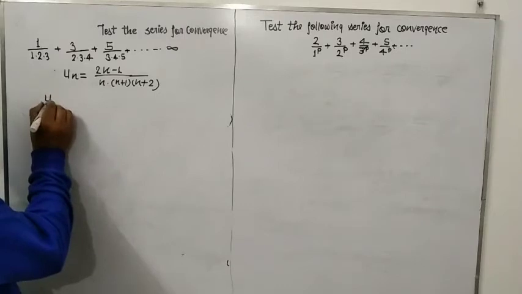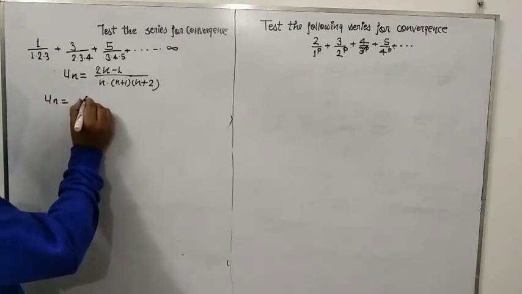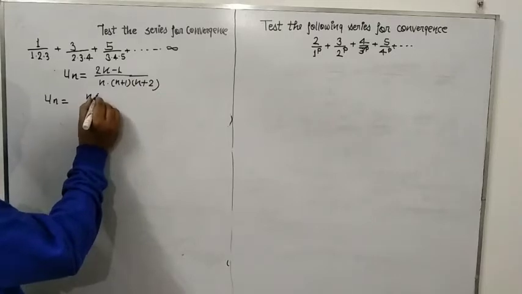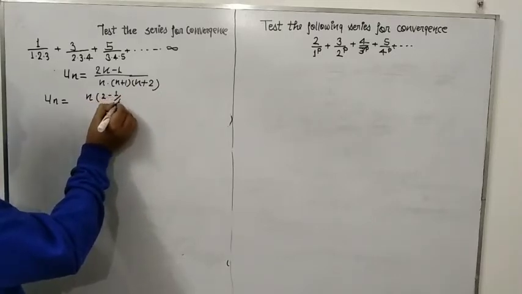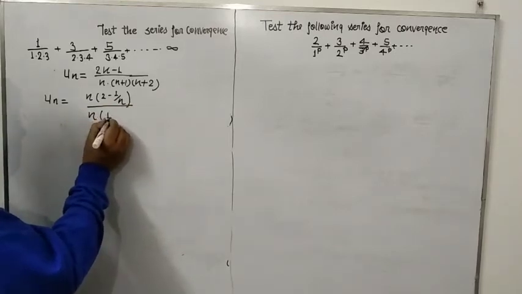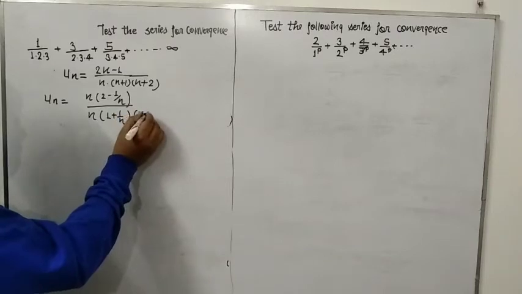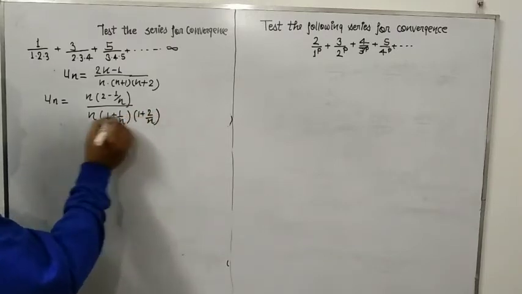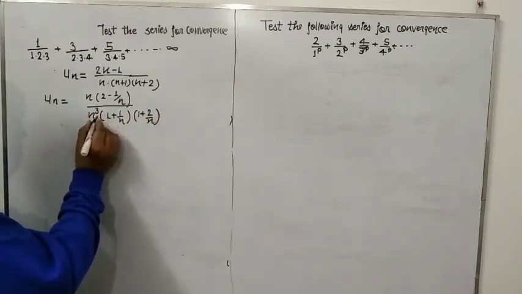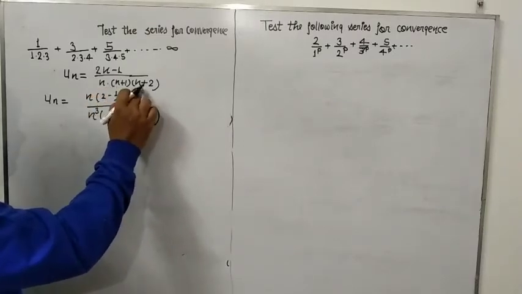So we take the common factor in the first term of the numerator. This is n(2 minus 1 by n), and this is n(1 plus 1 by n) and (1 plus 2 by n), and this is n cube, because we take the common from n plus 1 and n plus 2.